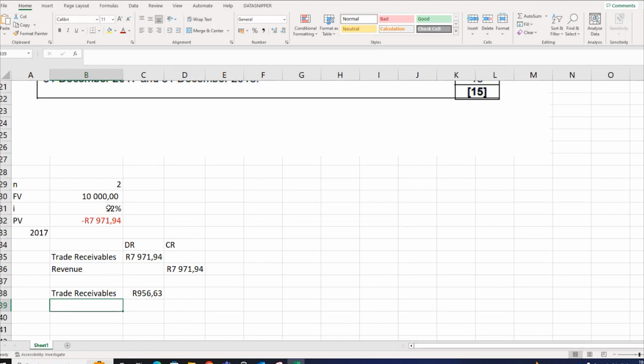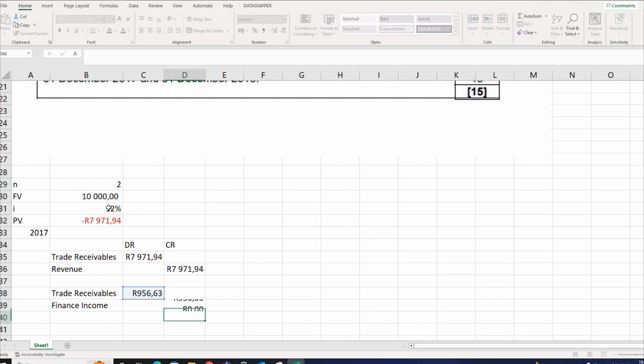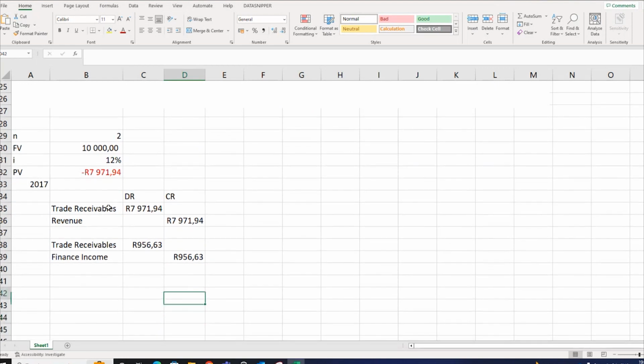And then that will be classified under finance income. So this amount will be based on what is outstanding at the beginning of the period.